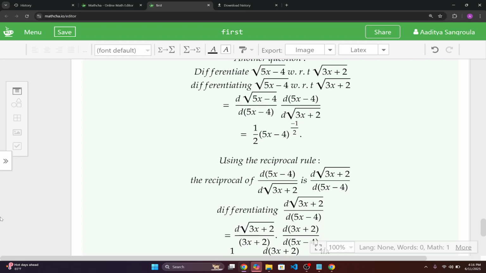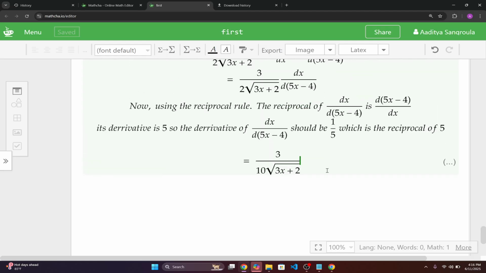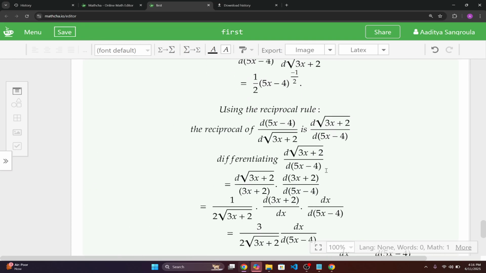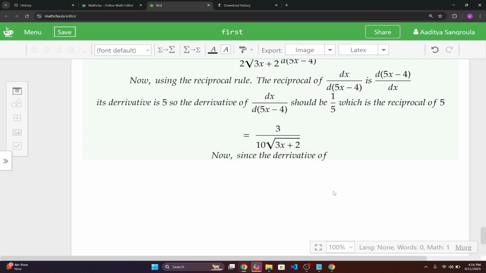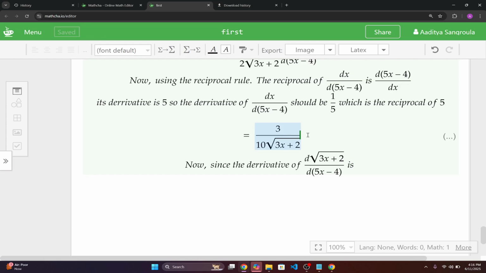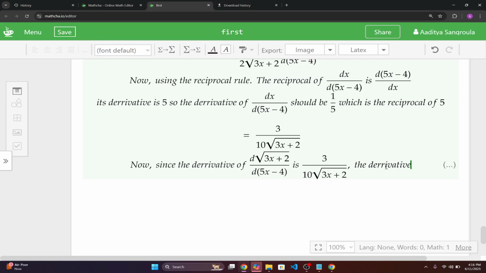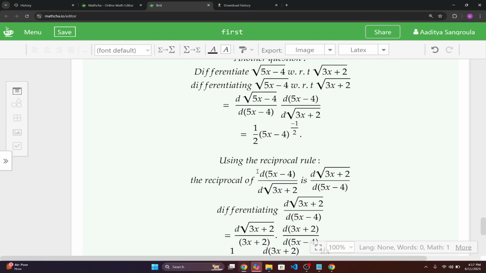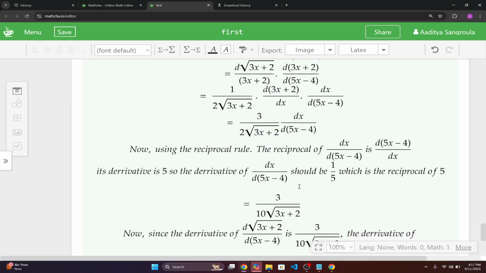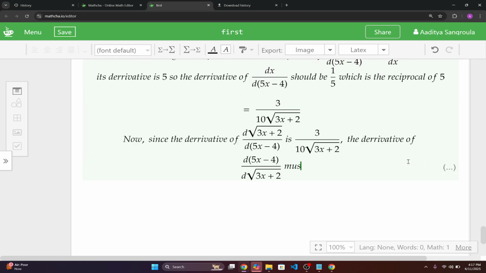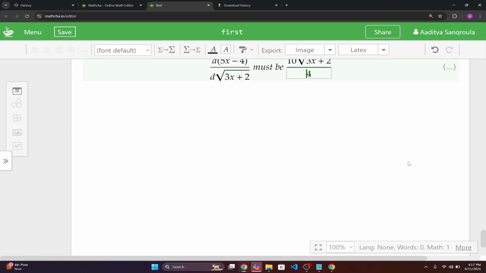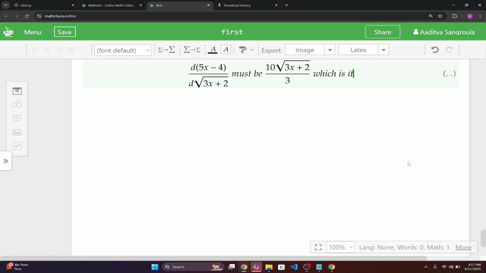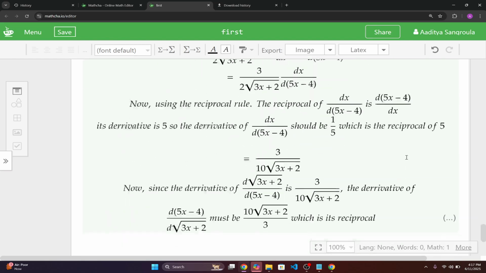Now the derivative of this must be 10 times the square root of 3x plus 2 divided by 3, which is its reciprocal. So we continue from there.